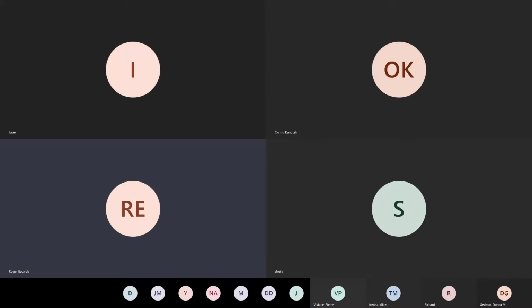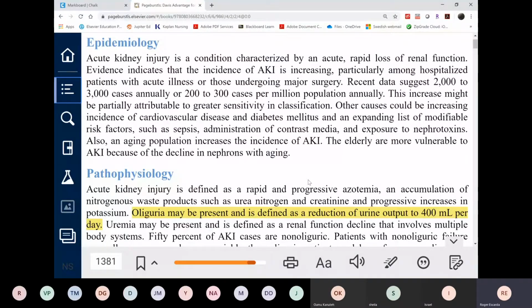All right, it used to be hypertension, but now diabetes has overtaken hypertension. So diabetes has now been the leading cause of acute kidney injury.